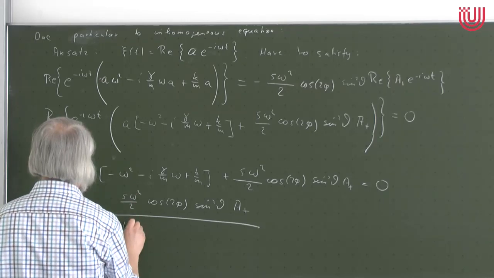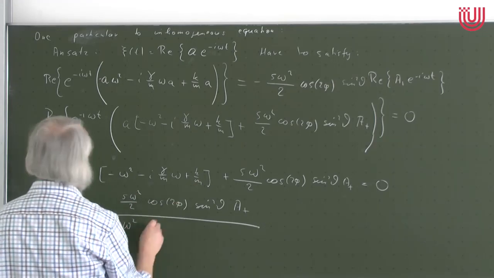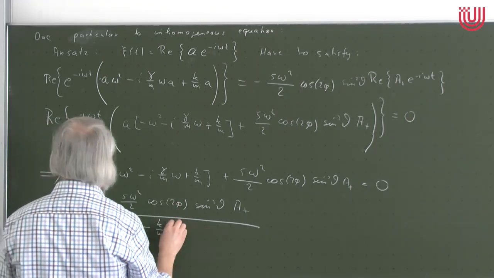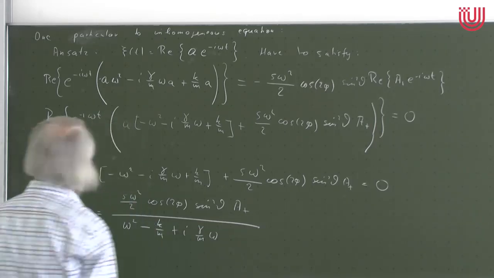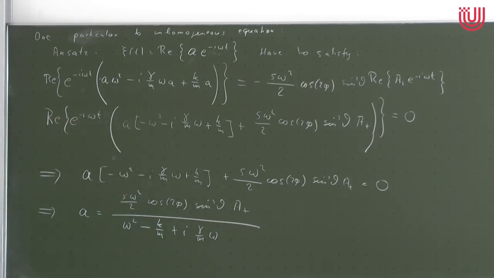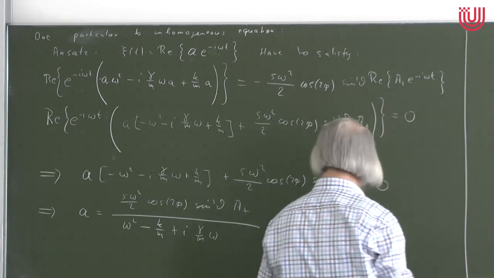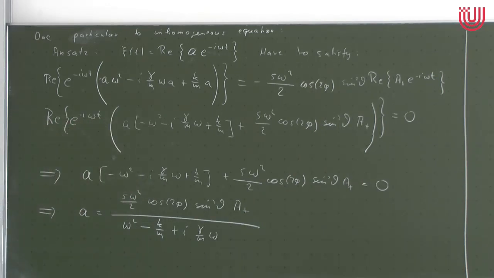So this is real. Let me begin with this real number, omega squared. This is also real, minus k over m. And then I have the imaginary part, plus i gamma over m omega. So this is the amplitude, which is excited in my gravitational wave detector by the gravitational wave.